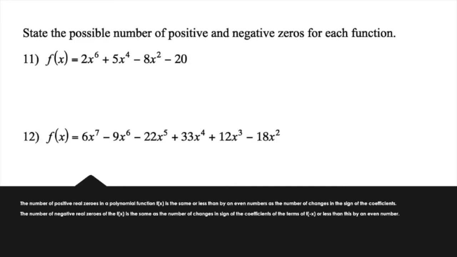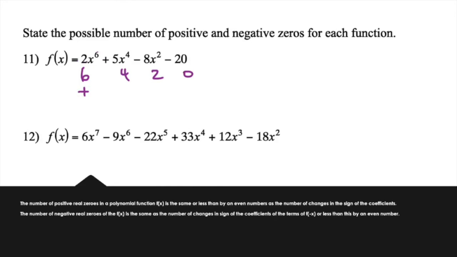We're going to do this in a very systematic way. First of all, I'm going to write all of the exponents. I have an exponent of 6, 4, 2, and 0. And then we're going to write all the signs right below them. I've got a positive right here. This is positive. It's invisible.